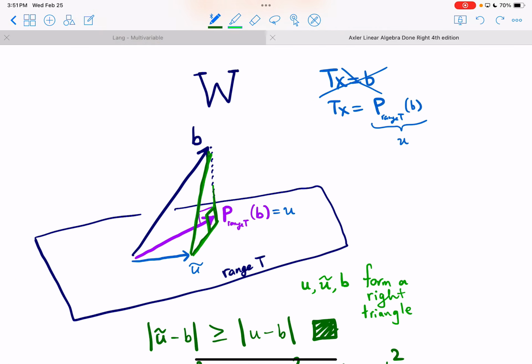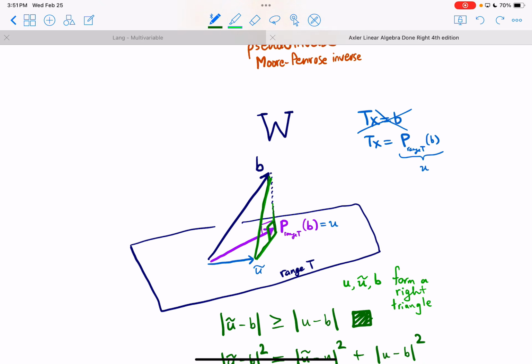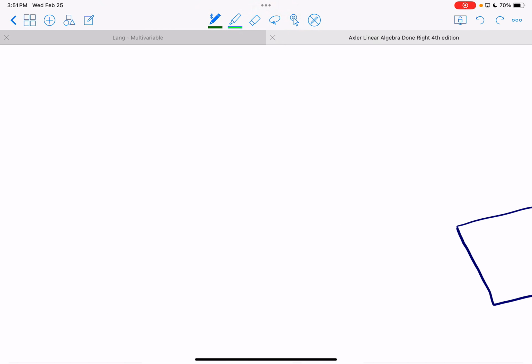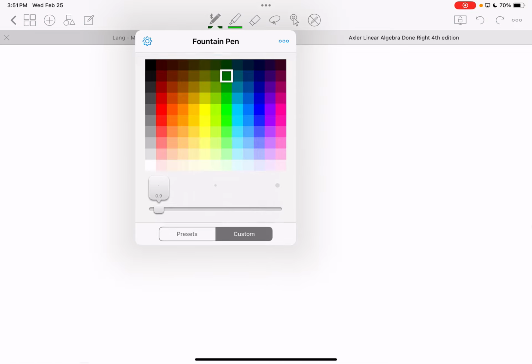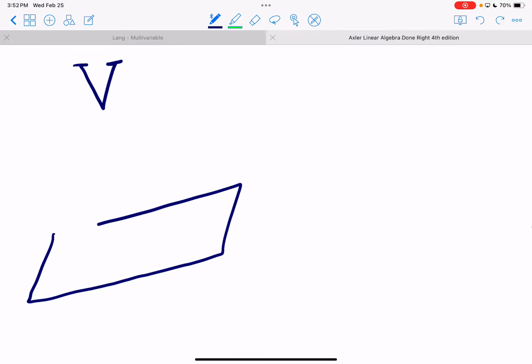Now, what is the other? Well, we have to go to the other space. Or sorry, V. This is our space V. Okay, and somewhere in V is the null space of T. Let's choose the null space.